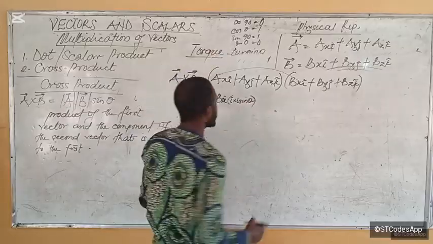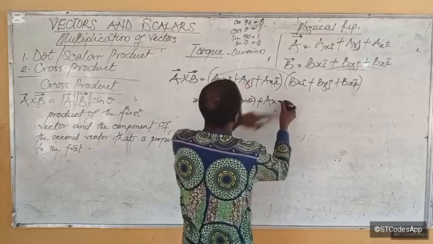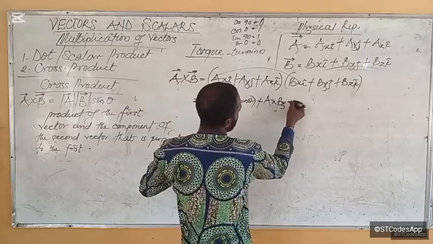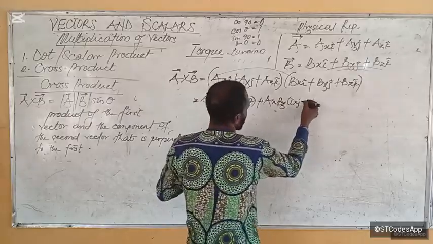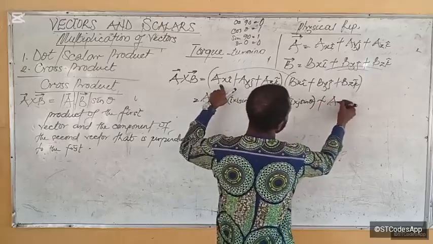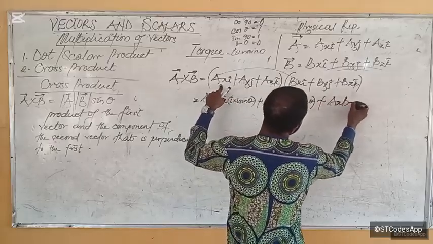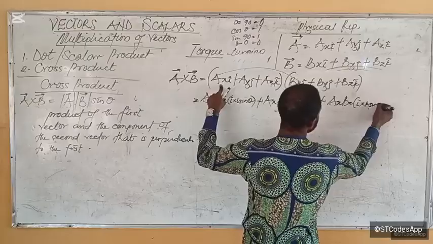We'll talk about the angle between them soon. Plus AX BY I cross J cosine theta. Plus AX BZ I cross K sine theta.